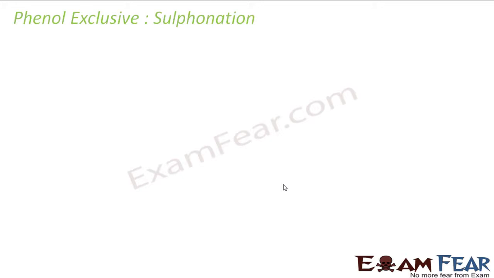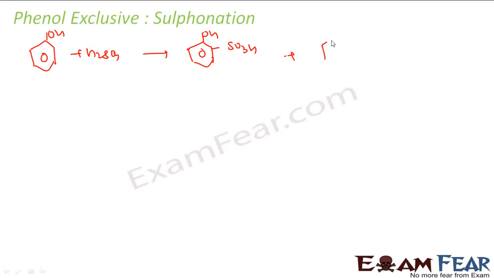Now let's start with sulfonation. For sulfonation, the reaction is pretty simple here also. Similar pattern, I have OH, then I have H2SO4. This gives me this OH, and here you get SO3H at the ortho position, or you get SO3H at the para position.